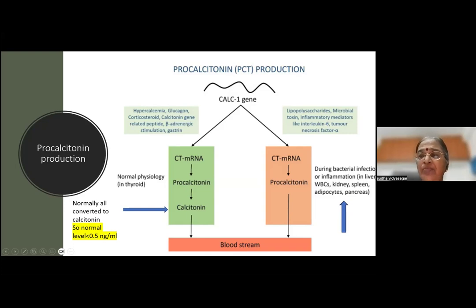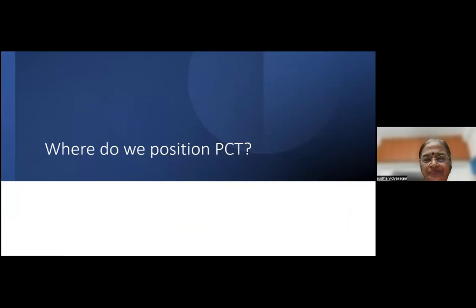So this is a hormone that became a cytokine, sometimes called a hormokine also. This is the commonest biomarker that we are using. In our ICU here, we regularly use procalcitonin to diagnose sepsis.